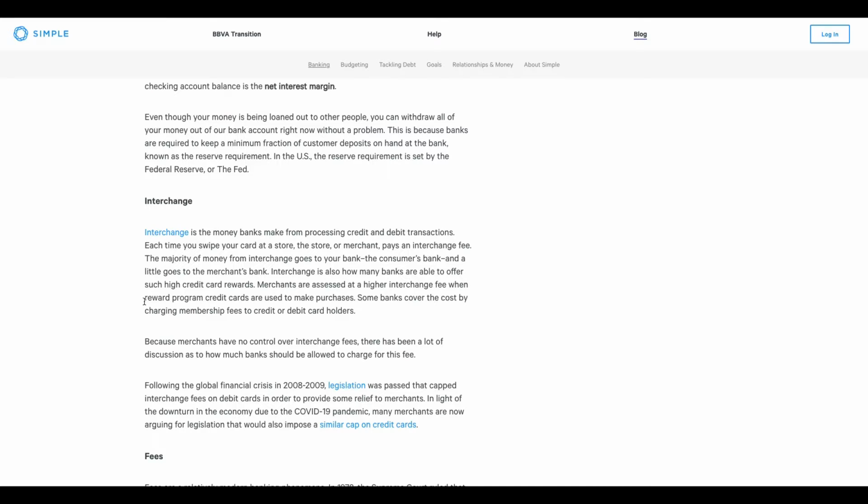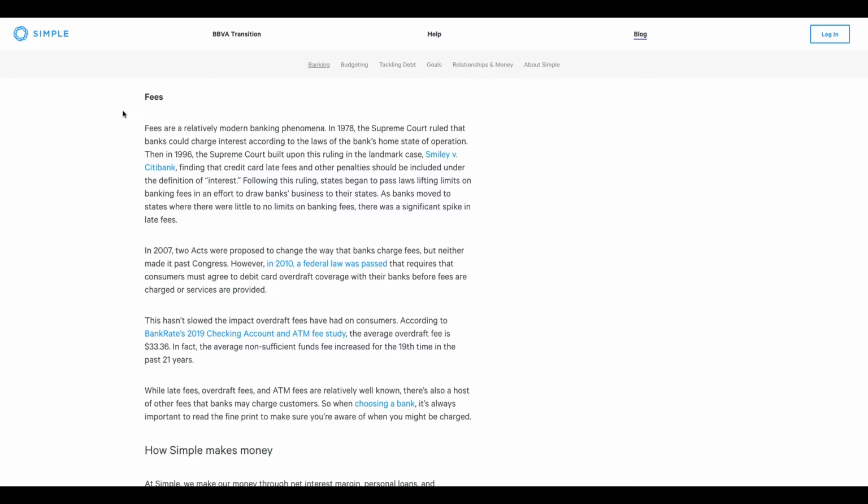Very interesting. And very similar to interchange, banks make money off of regular fees: late fees for credit cards, overdraft fees, and ATM fees that you might have to pay when you're trying to deposit or withdraw money.